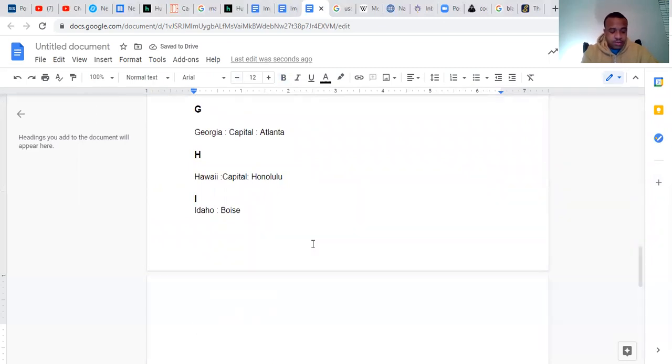Moving along, one of the more popular states, one of the more popular cities in America at this moment, Illinois. Now, if we have any awareness of geography, the main state we think of when pertaining to Illinois is what?